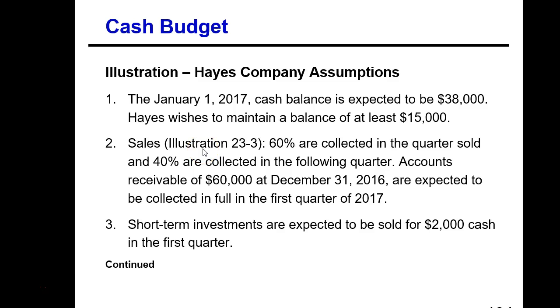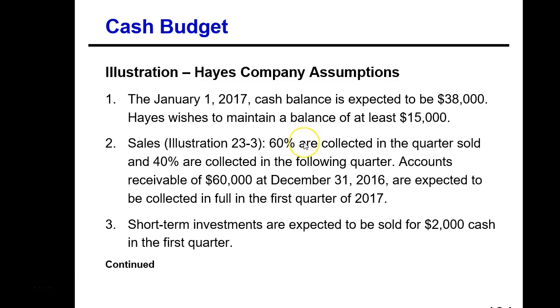Now let's talk about sales. We have our sales budget. Based upon historical information, we plan to collect 60% of our sales in the quarter the sales took place, and the other 40% in the following quarter.